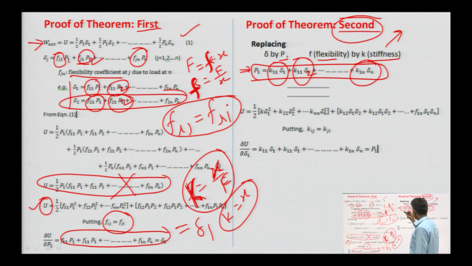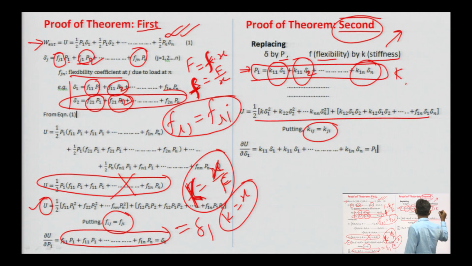So put this value of P 1 in equation number 1, and we will have this kind of equation by equating k i j equal to k j i. I will tell you about this in Maxwell's reciprocal theorem.